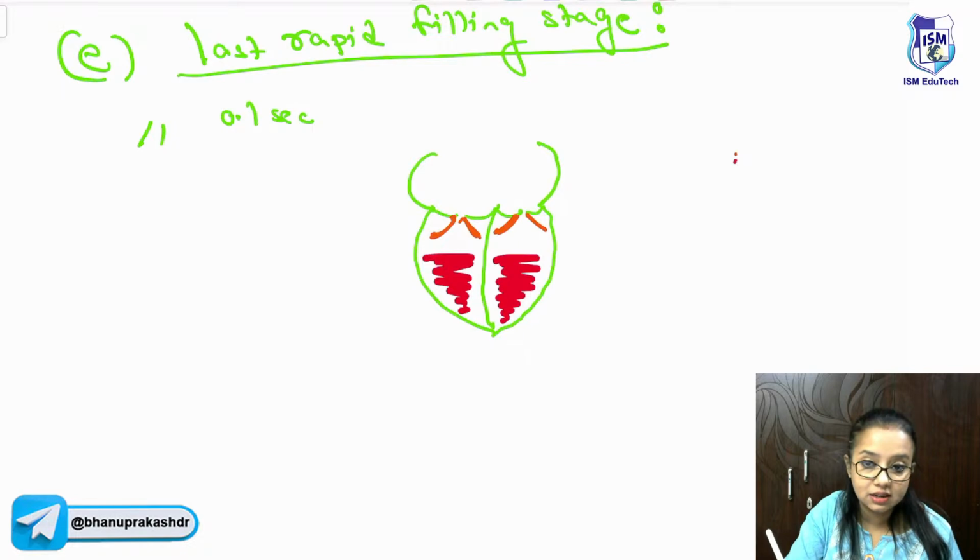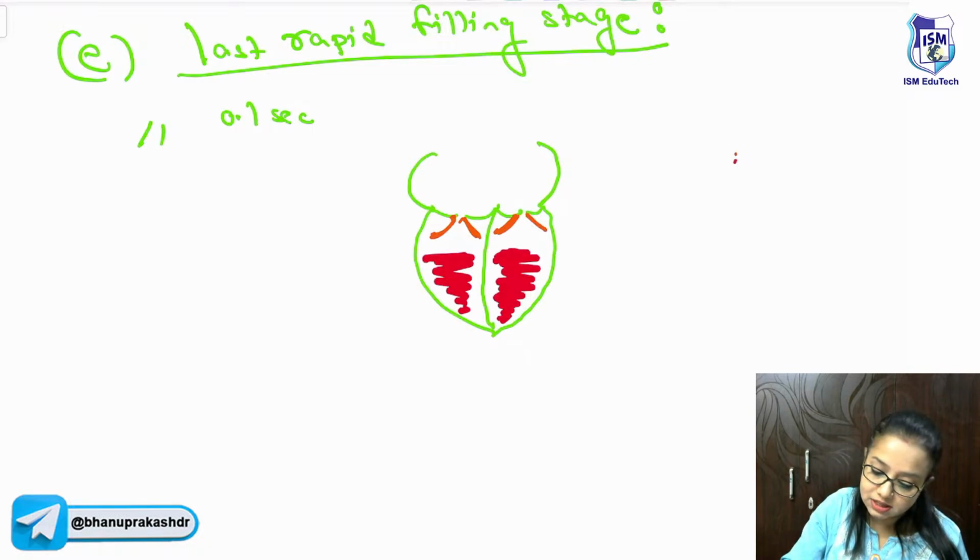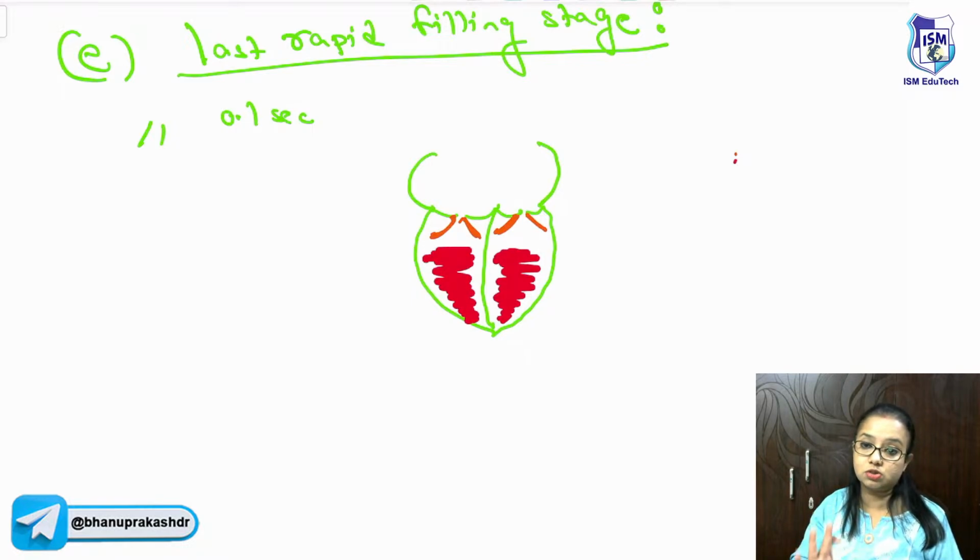But to the atria, there is still blood coming very slowly from the peripheral circulation as well as the pulmonary circulation, that is through the vena cava on the right side and through the pulmonary veins to the left atrium. So now the pressure has increased in the ventricle and the pressure difference has gone opposite.